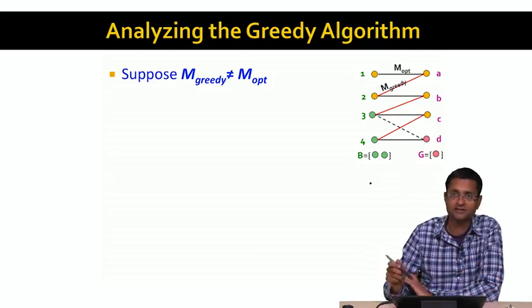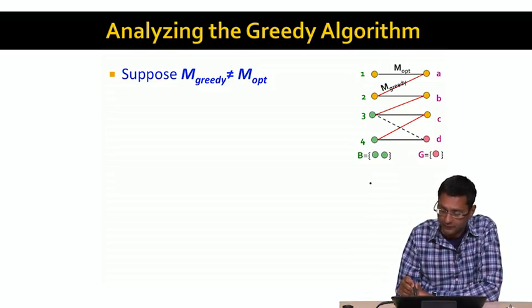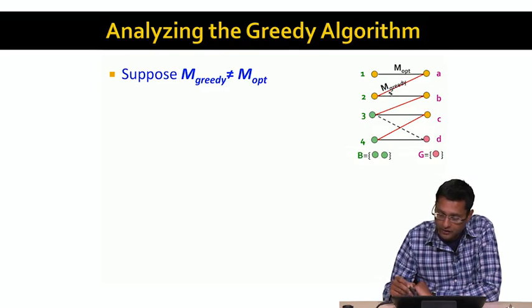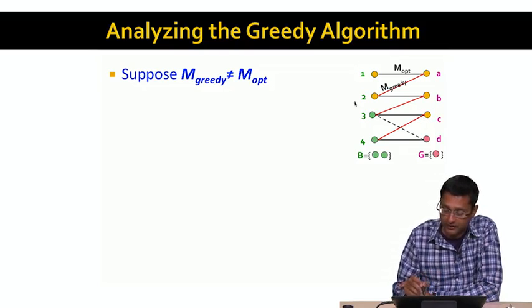So here's a scenario where you can see that the optimal algorithm, denoted in black by the black lines here, produces a matching of cardinality 4. The greedy algorithm, denoted by these red lines here, produces a matching of cardinality 3. And so M greedy is not equal to M opt in this case. The set of boys is on the left, and the set of girls is on the right.